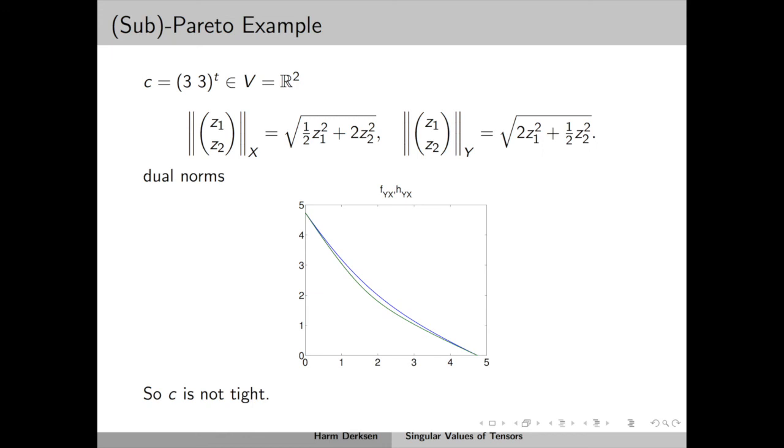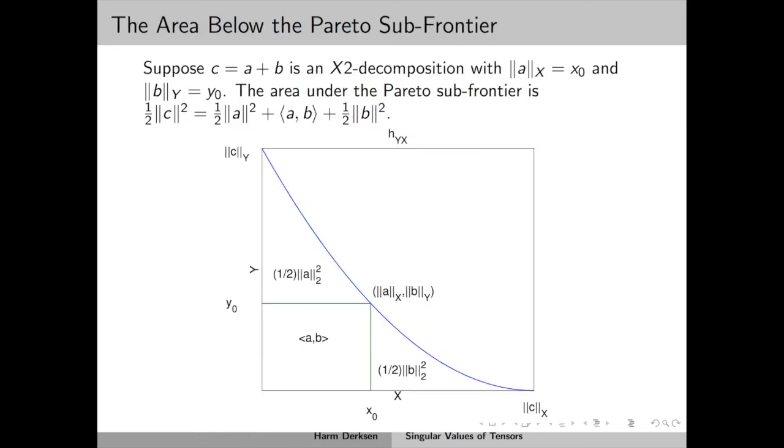So the blue graph here is the Pareto subfrontier, and the green graph is the Pareto frontier. So in this case they're not equal, so this C is not tight. From the definitions, it's clear that the frontier is always below the subfrontier, or equal. But if they're the same, it's very special, then we call this vector tight.